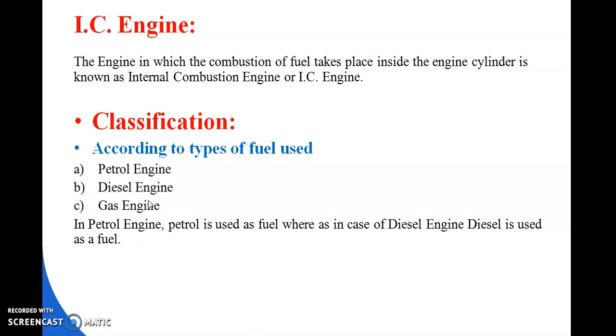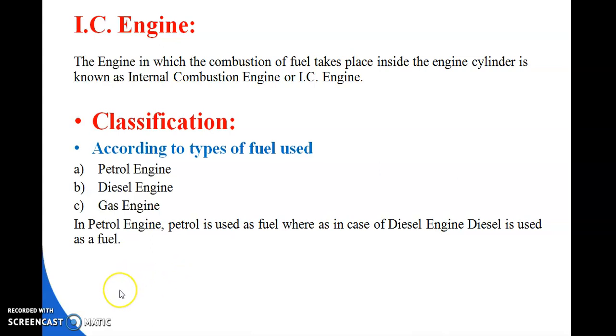When we start the vehicle, first we put the gear into first gear. In the first gear, the vehicle will run maximum up to 10 to 15 kilometers per hour. In second gear, the speed will increase and the torque will decrease.